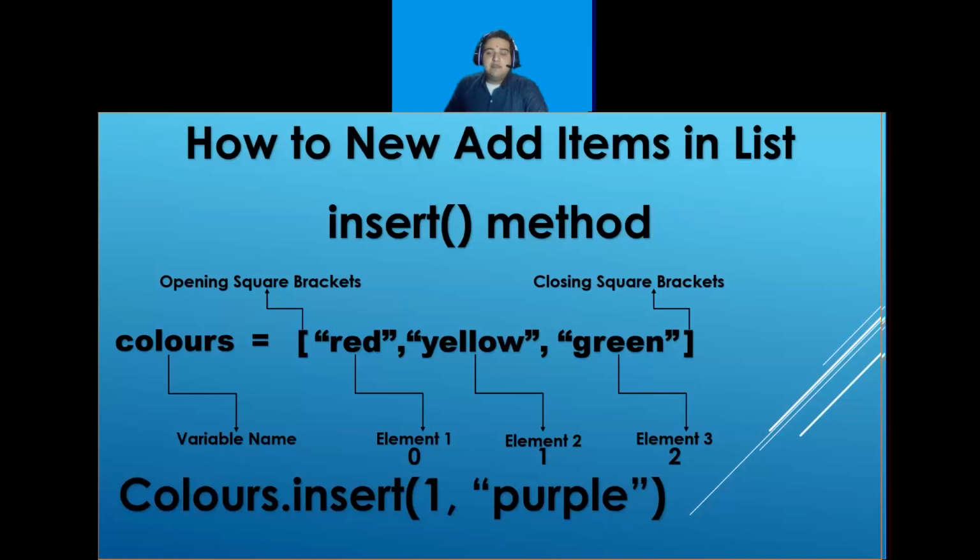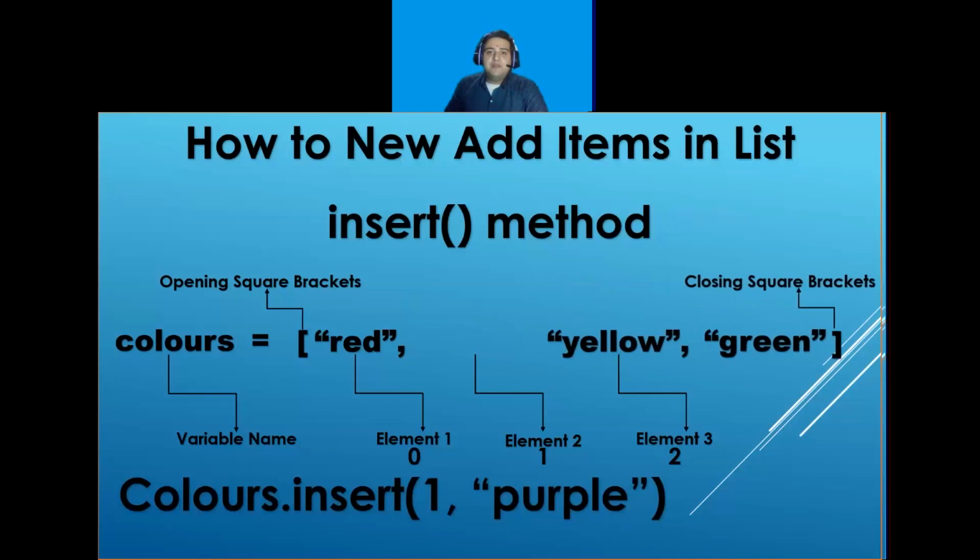So yellow and green will be shifted towards the right to make space for purple, and purple will be inserted at the desired position. So now we have a total of 4 elements.